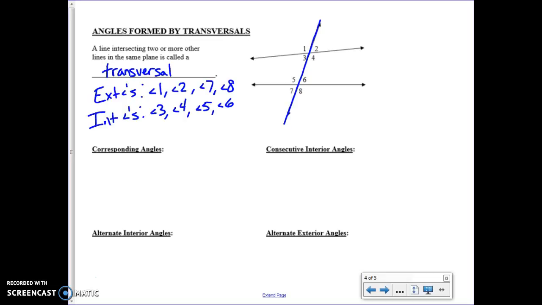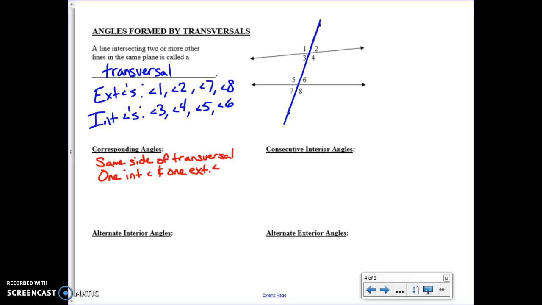So we have 4 terms for angle pairs. The first term is a corresponding angle. Corresponding angles are going to lie on the same side of the transversal. They're made up of one interior angle and one exterior angle.